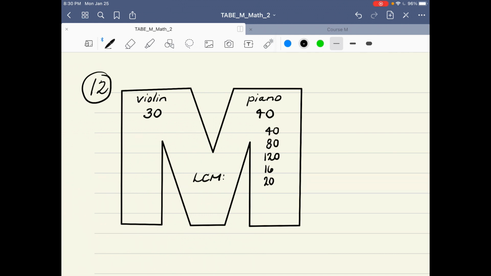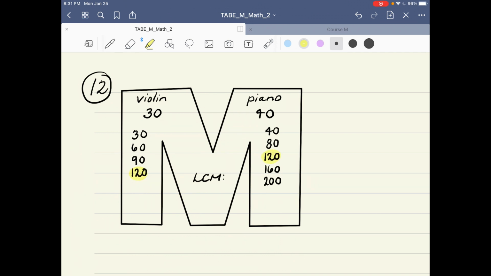Don't let that 0 get you rattled. You just add the 0 and you've got the multiples. And then 3, 6, 9, 12. Put your zeros on there because they're multiples of 10. And there is my common multiple.